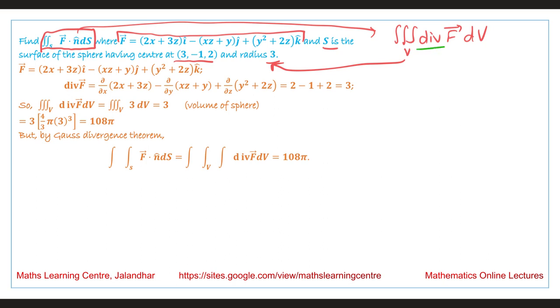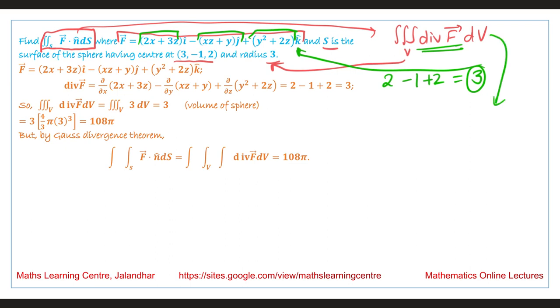So the divergence of F vector, if we calculate in this case, we get 2, then minus 1, then plus 2. So this is equal to 3. We are taking the partial derivative with respect to x, the partial derivative with respect to y, and the partial derivative with respect to z. So this value becomes the triple integral of 3 dV. dV is the volume enclosed by this sphere.